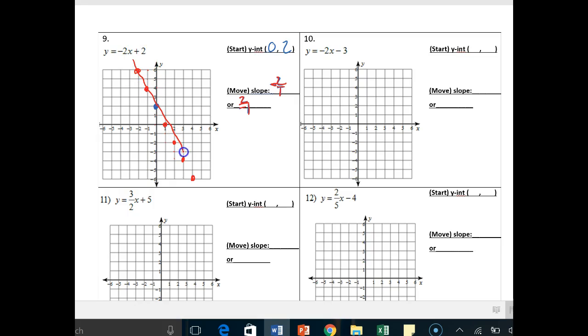And there you have a negative sloping line with a y-intercept at 2.